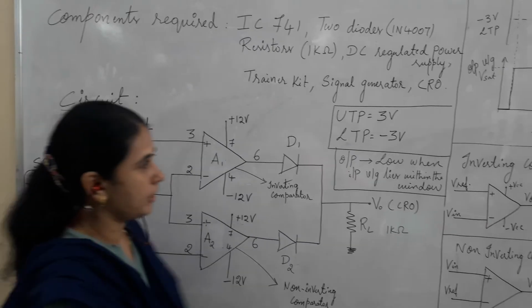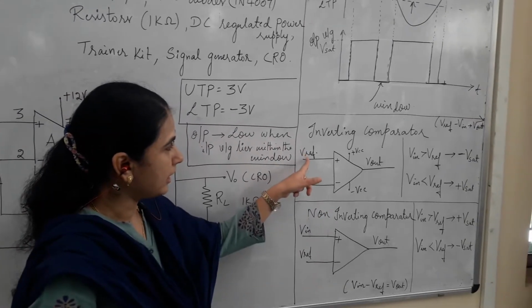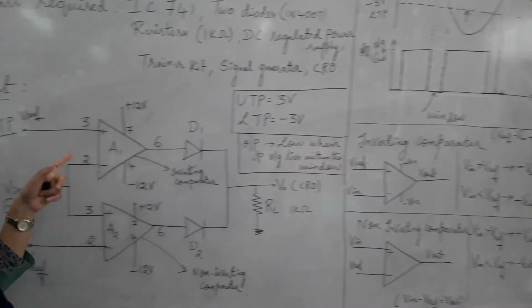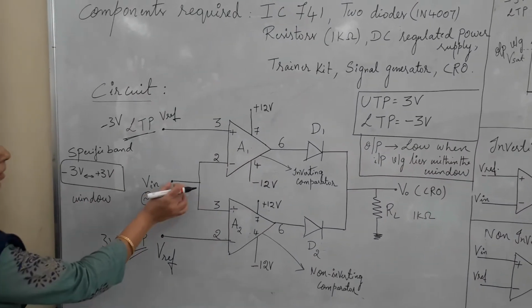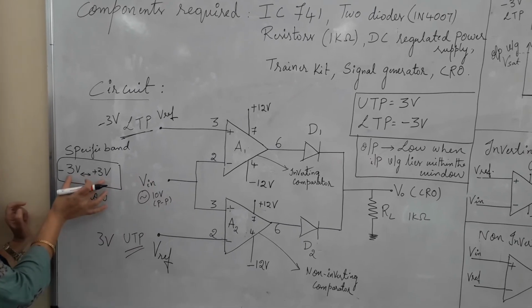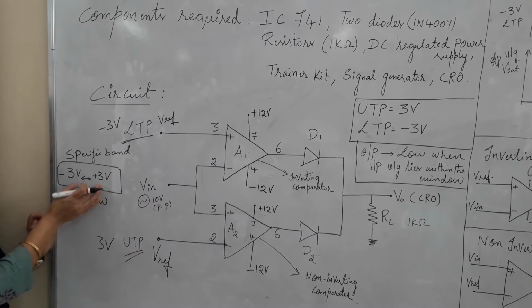As we saw previously, input was compared to a single reference voltage and it was producing the output. Whereas in the window comparator, input is compared with this range. It will check whether the input is exceeding this range or not.